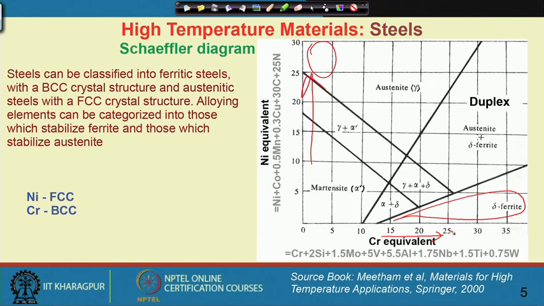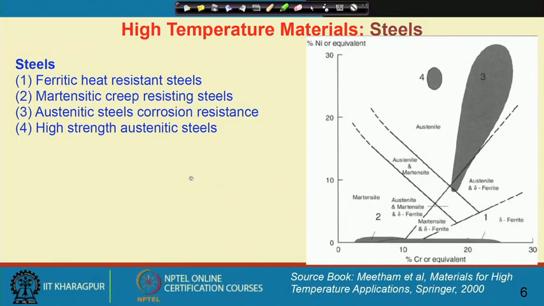Now, let us see what alloys have been developed so far and where those domains actually exist. Here I show you 4 major types of heat resistant steel and the domains of composition where they are stabilized. The 1 stands for the ferritic steel domain, and the 2 is the martensitic grade steels.